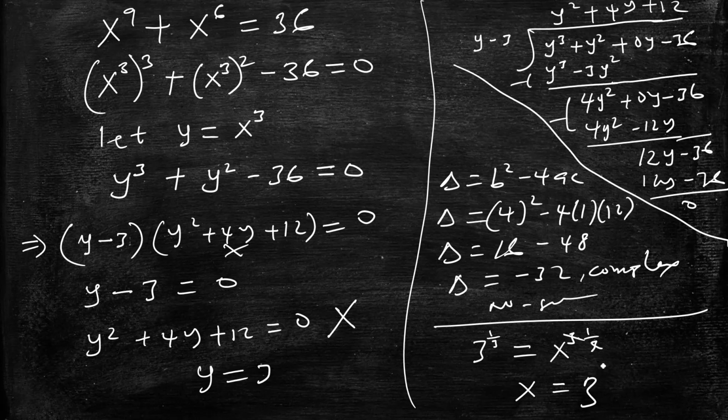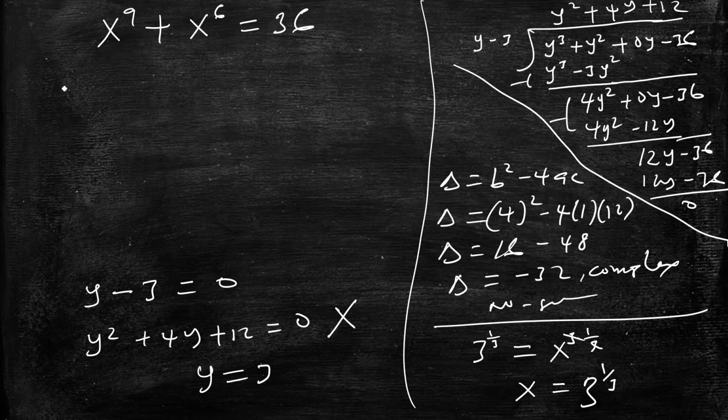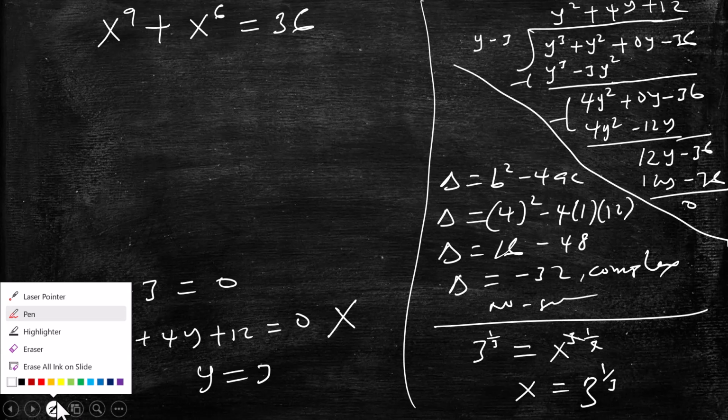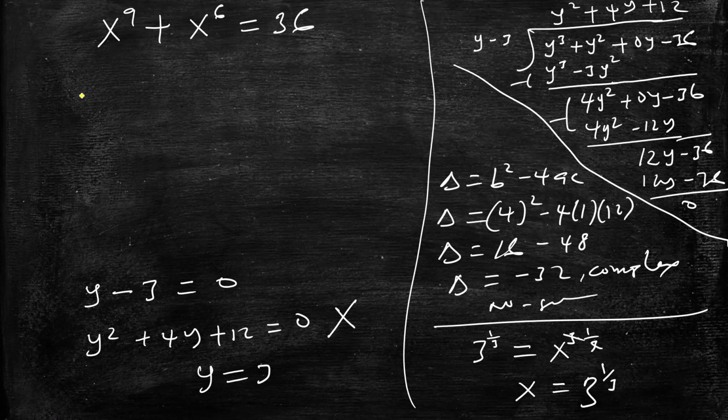Alright, so let's check if it will give us 36. So we have 3 raised to 1 on 3, times 9 as the power, plus 3 raised to 1 on 3 times 6.